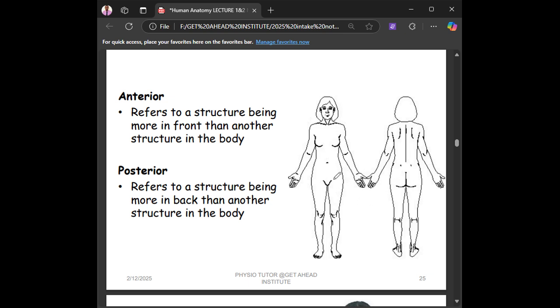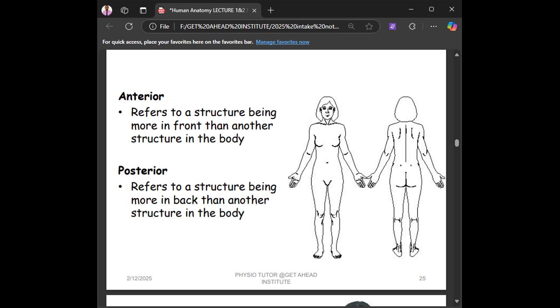The first one is showing us the anterior aspect, then this other one is showing us the posterior aspect. The term anterior or ventral is used to indicate the front of the body, or a structure being more in front than another structure in the body.